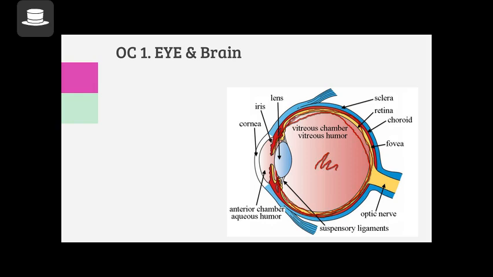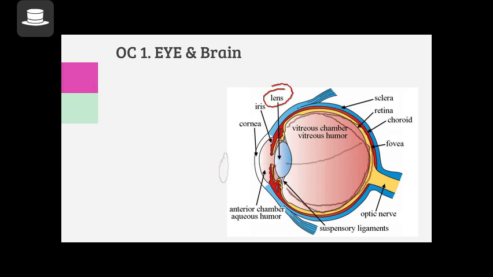This socket is covered by a structure called the lens. The light passes through this lens, and because of refraction, an image of whatever you're looking at will fall on the inner layer of your eyeball.